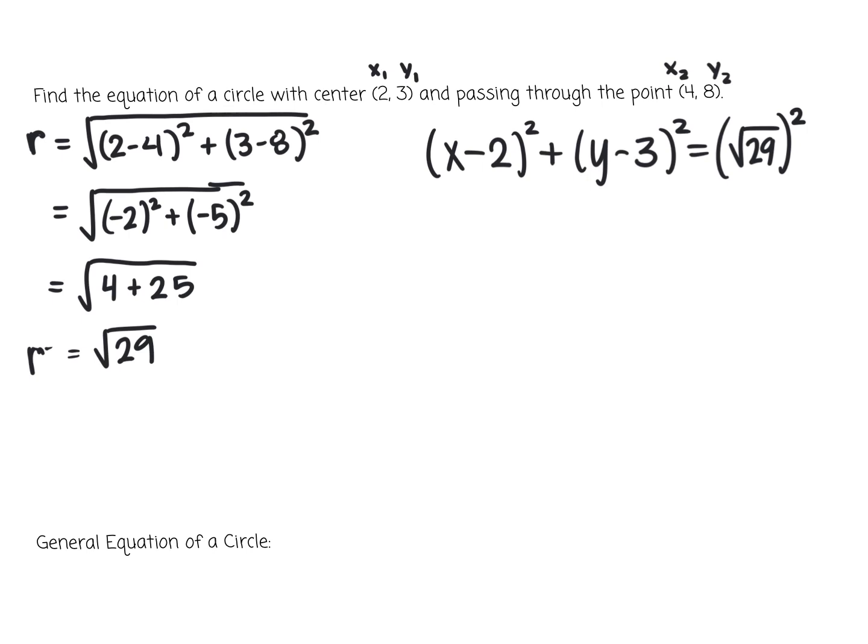And we've discussed this previously, that when I square a square root, it cancels. So it's actually easier to leave it underneath the square root, because I end up with the equation x minus 2 squared plus y minus 3 squared equals 29.